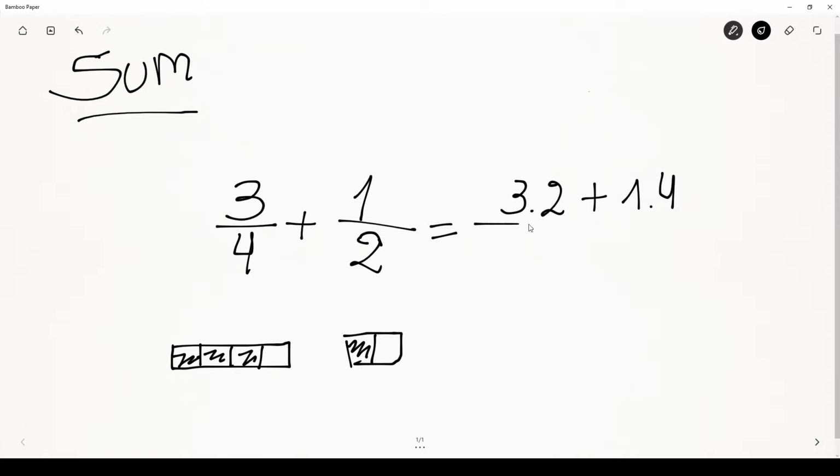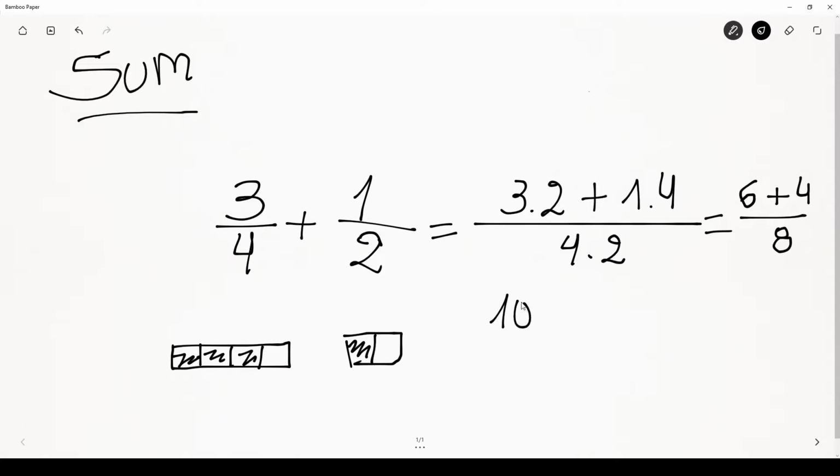And we divide this operation by the multiplication of the denominators, 4 times 2. So what is this equal to? It's equal to 6 plus 4 over 8. So 6 plus 4 is 10 over 8.